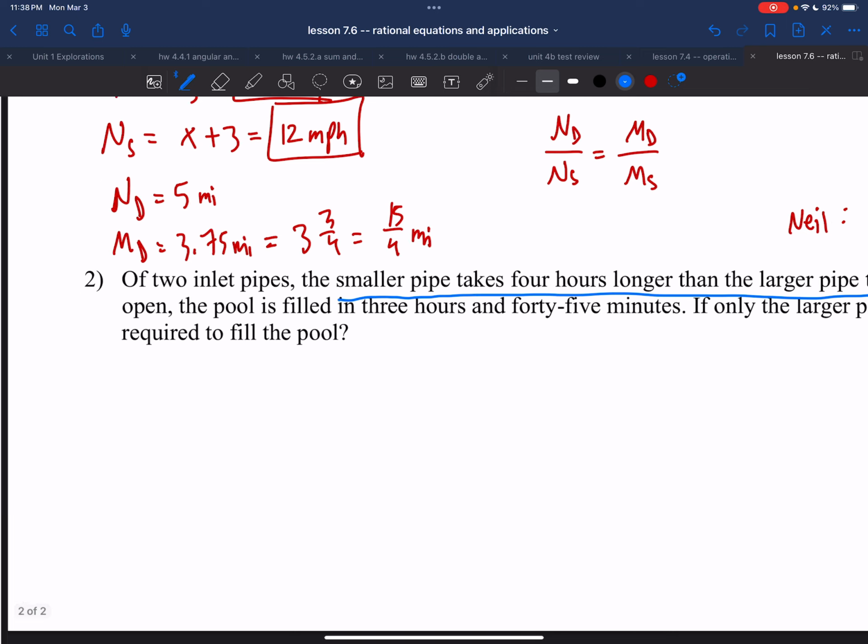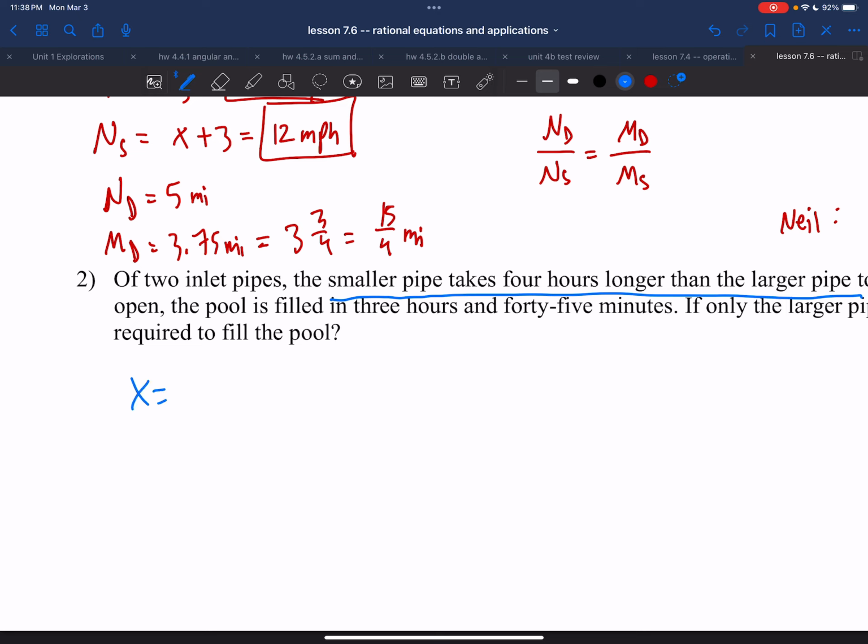Meaning, x will be the time to fill the pool for the large pipe. Okay? Smaller pipe takes 4 hours longer. That means x plus 4 is the time for the small pipe.